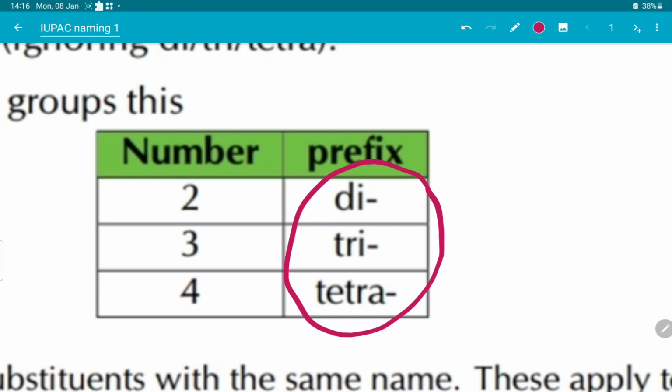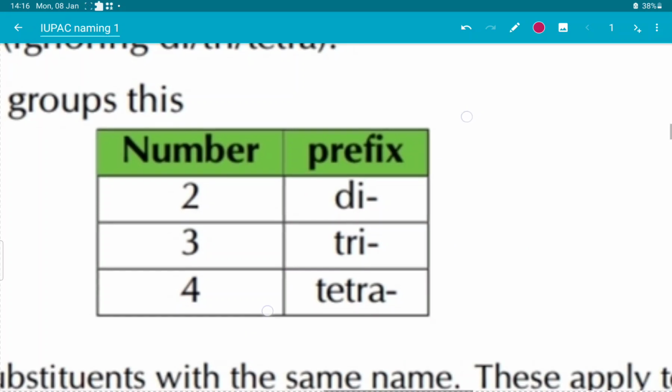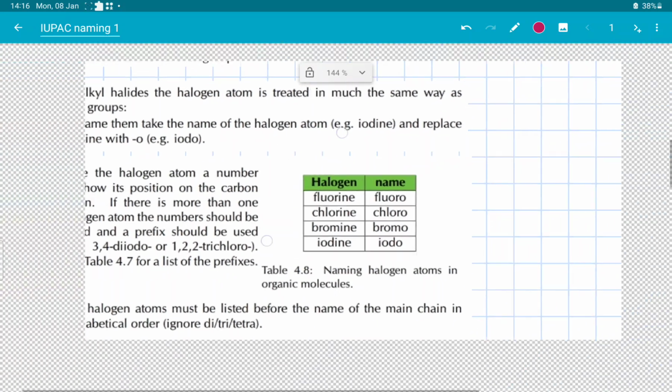Di, tri, or tetra. Like carbon dioxide. I hope you remember. What does di mean? Anyhow, let's go back.